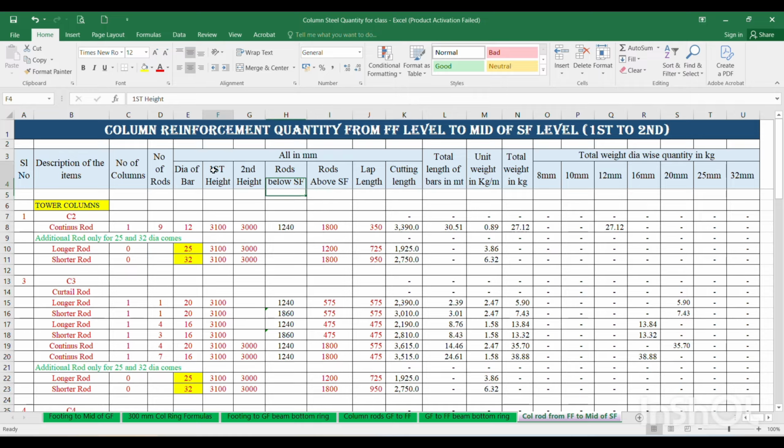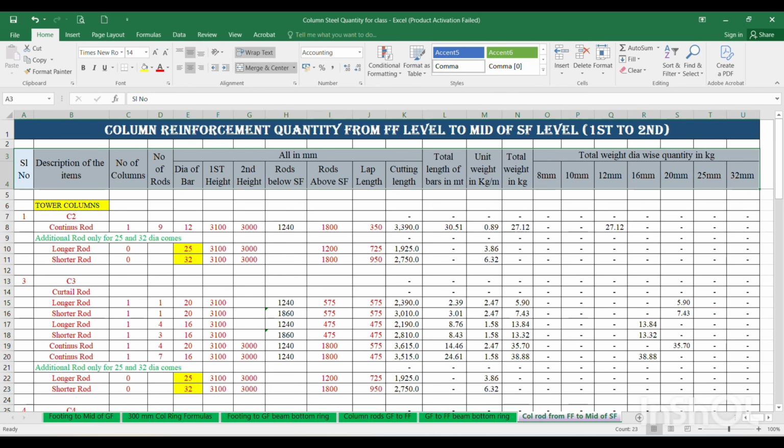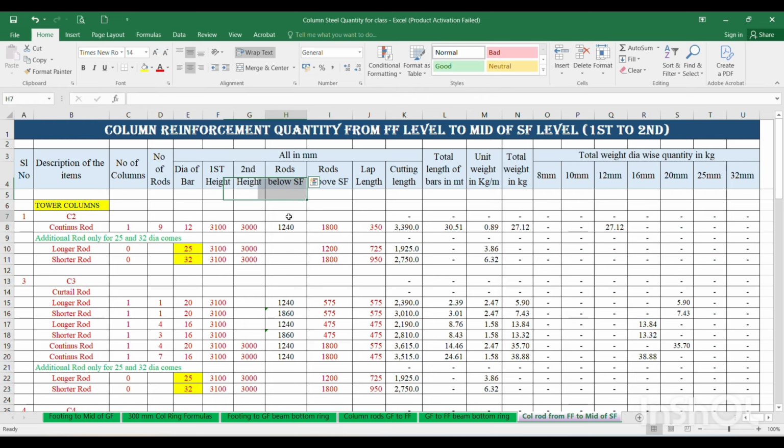You see, only these 4 columns you have changed, and this heading you have changed. All the rest of the tabular column is the same as the previous column rods from the ground floor to first floor. So only floor levels we have changed over here.